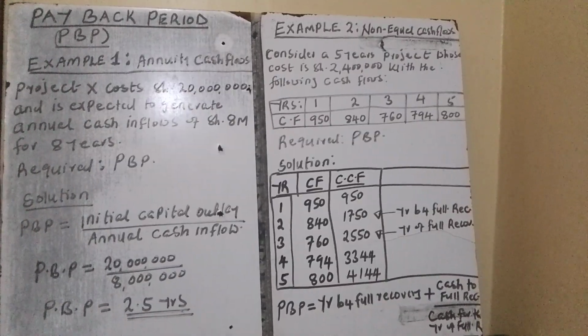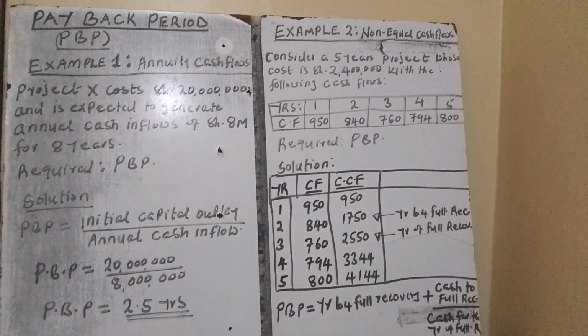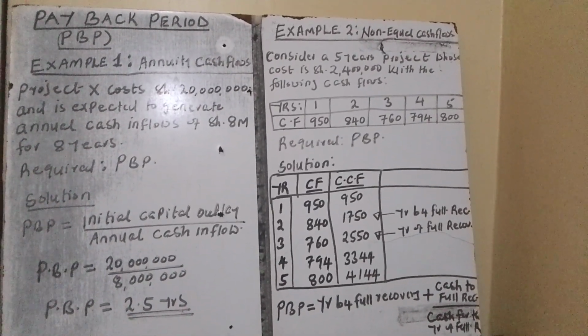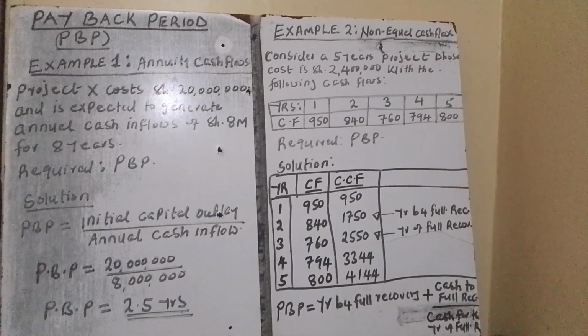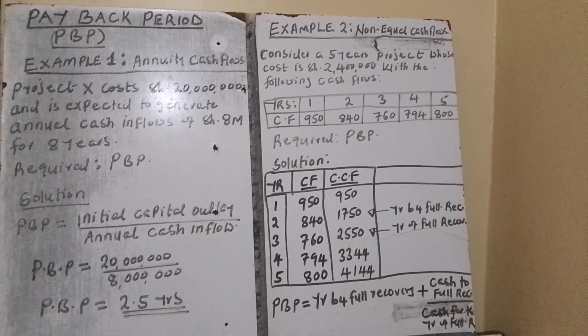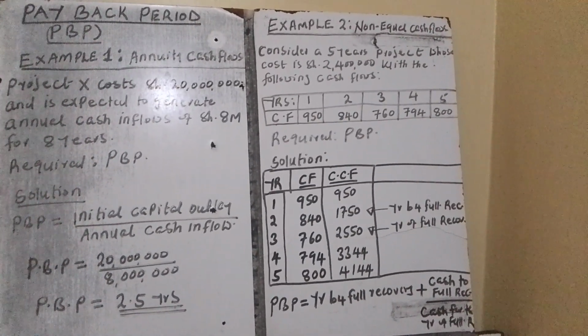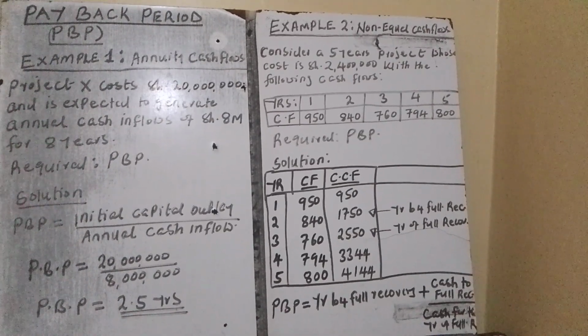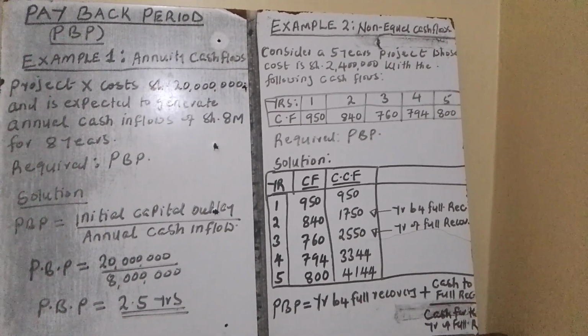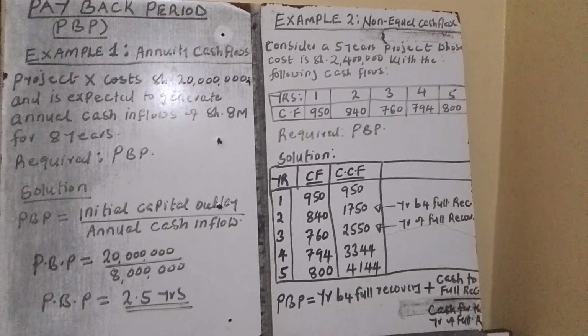Now let's go straight away to our discussion for today, the payback period. Payback period means the time taken by a project to generate cash flow equal to the initial capital outlay.